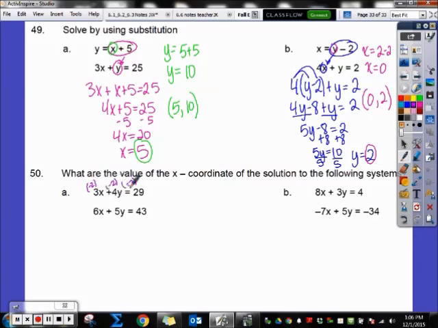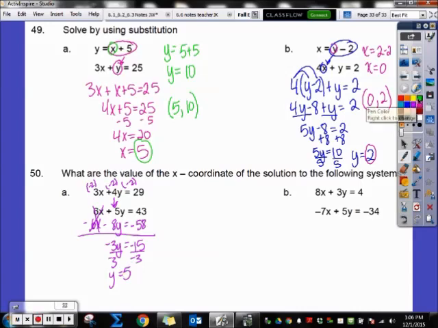That would give us negative 6x minus 8y equals negative 58. So now we've made opposites. So we can add straight down. So negative 3y equals negative 15. So y equals 5.